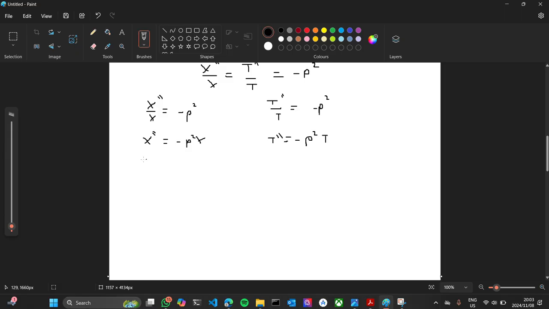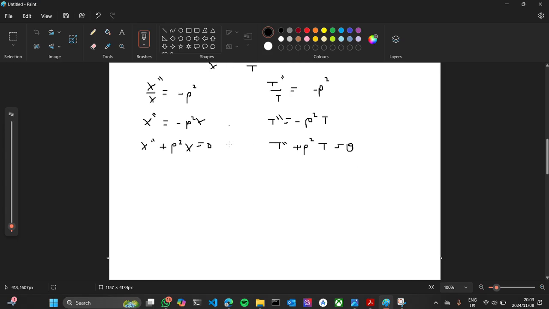And you take both of those over: x double prime plus p squared x is equal to 0, and t double prime plus p squared t is equal to 0.